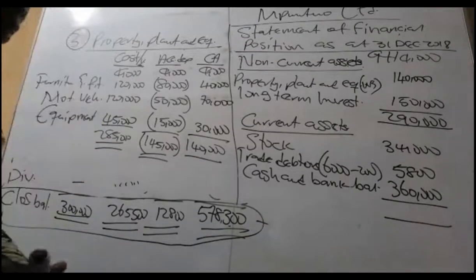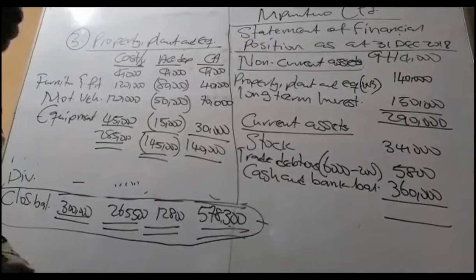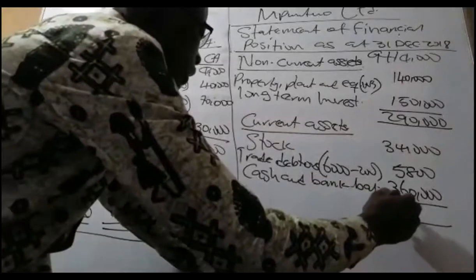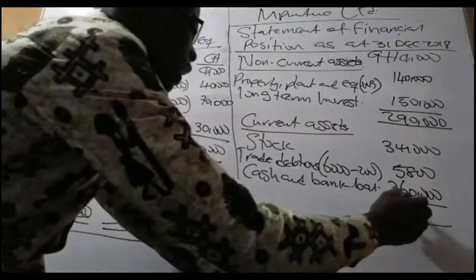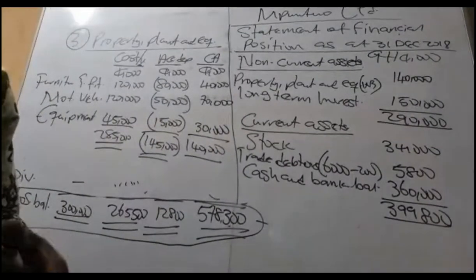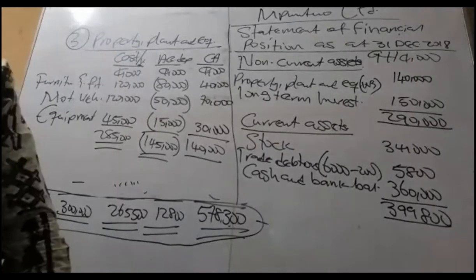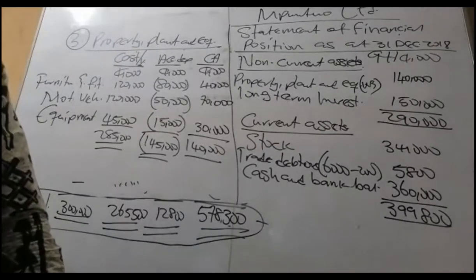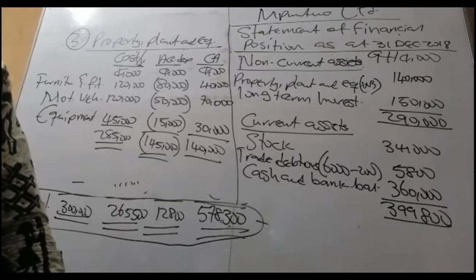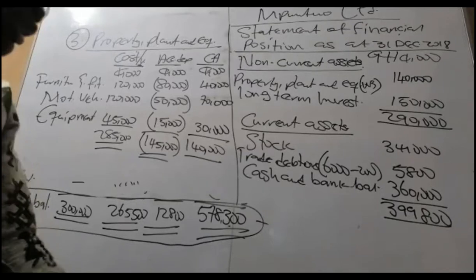So that will give us 399,800. Agreed. Kindly confirm for me. Okay. So that's the current asset.